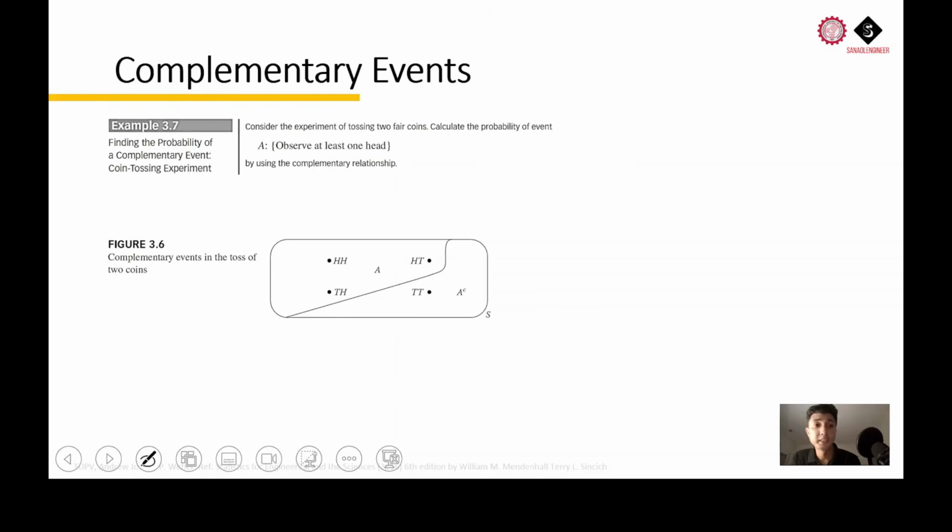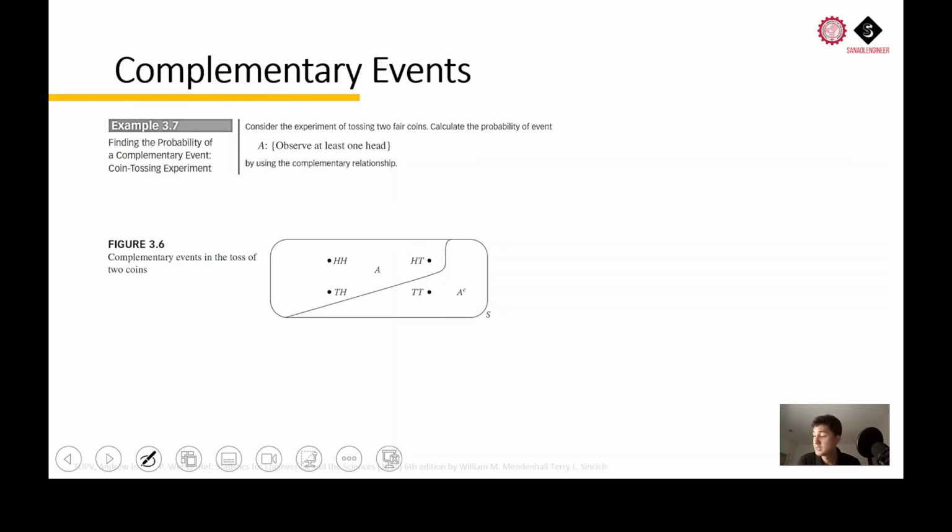Okay, so example 3.7. Consider the experiment of tossing two fair coins. Calculate the probability of event A, which is a measurement or observation of having at least one head.